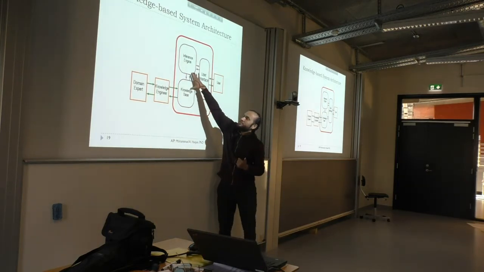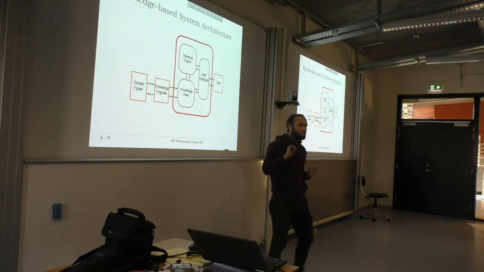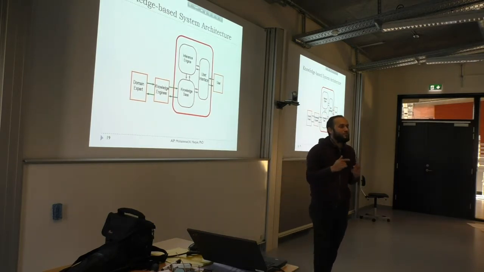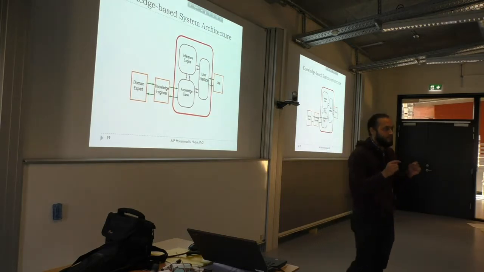So these two things are actually making our memory. One is the knowledge base, another one is the inference engine. These two things are actually making not memory exactly, but the intelligence.